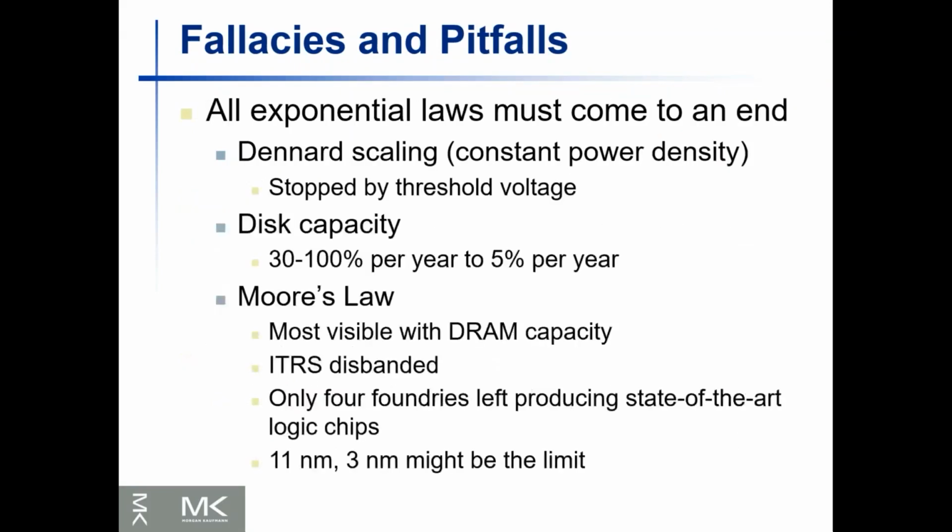And of course, not all laws will last forever. Some people say Moore's law is dead, some say it's not. Disk capacity is also not improving from year to year; now it's almost saturating. And the constant power density, the Dennard scaling, is also coming to an end.